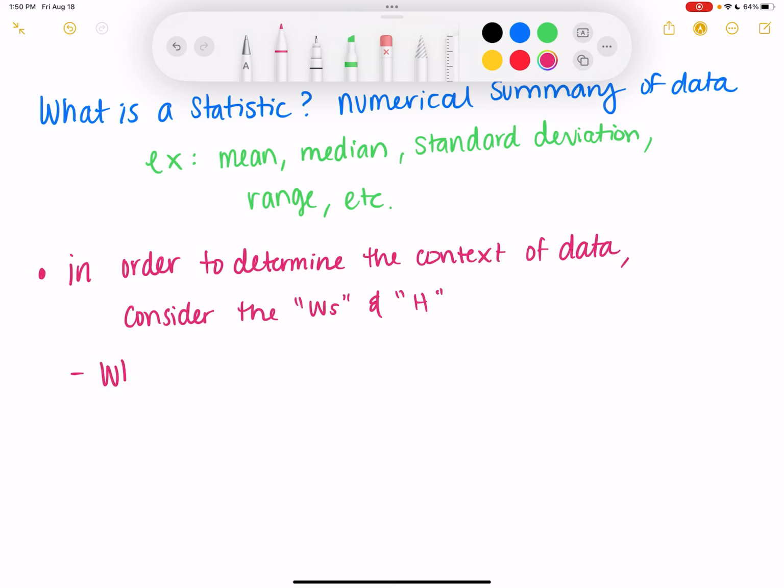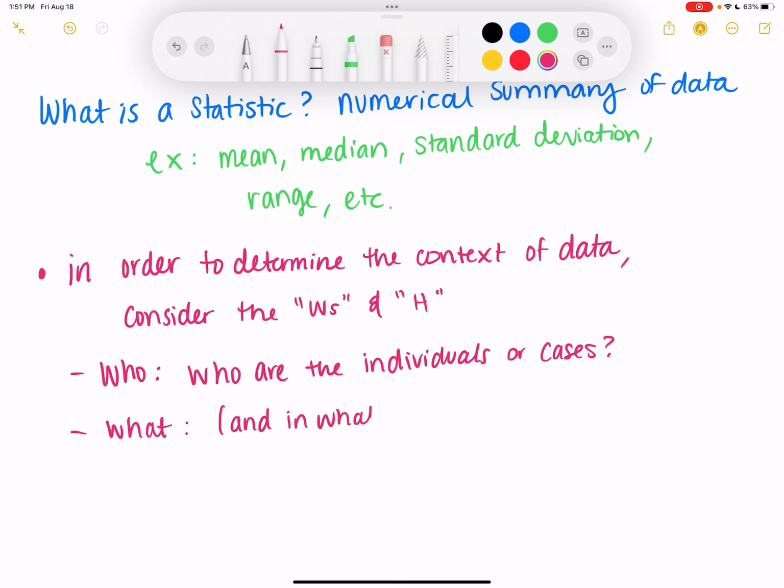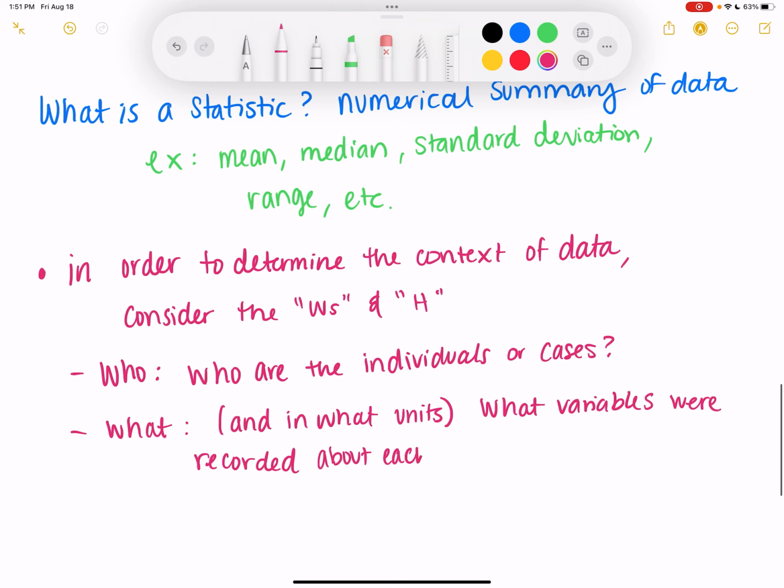All right, who are the individuals or cases, what and in what units, what variables were recorded about each of the individuals or cases.